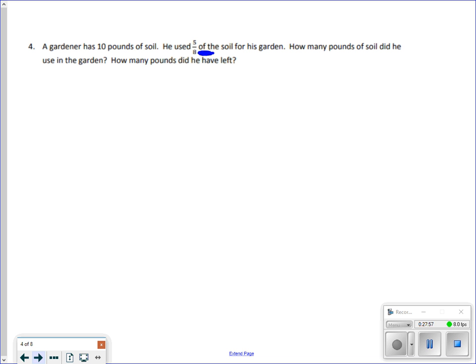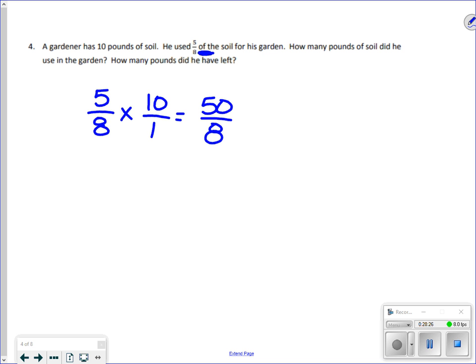How many pounds did he use? 5/8 of the 10 is 50 over 8, which is improper. So it's 6 and 2/8.